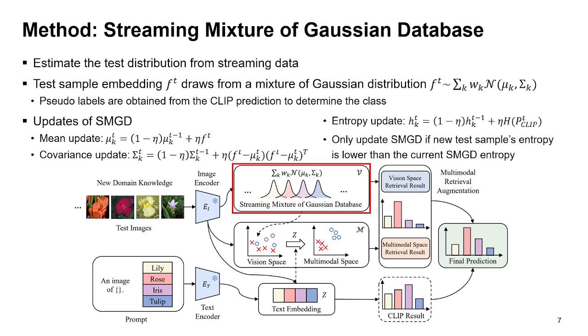The means and covariance of SMGD are updated with a momentum update of the past value and the new test sample's value and covariance. In addition, we also update the entropy of SMGD, and we only update the means and covariance of SMGD if the new test sample's entropy is lower than the current entropy of SMGD.